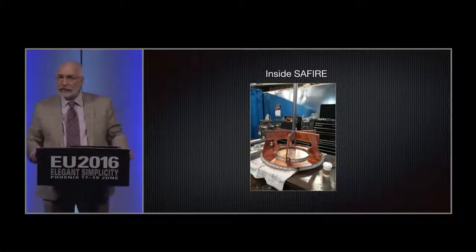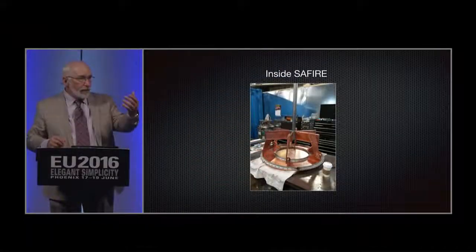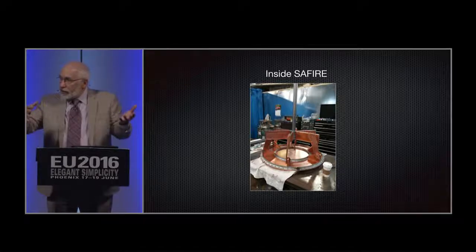This is a cathode. This is one cathode. There's a coffee cup, to give you some scale. I didn't mean to leave the coffee cup there, but I see that it's there. It's 3 feet in diameter, and the copper is about 3/8 of an inch thick. And the rings on the back are for support, because with that kind of heat, as you know, metals will start to warp.